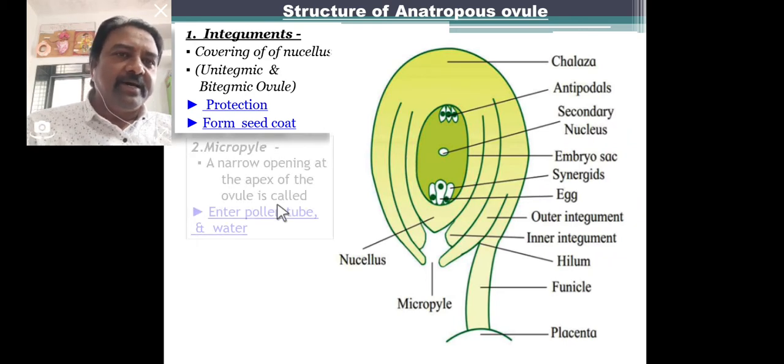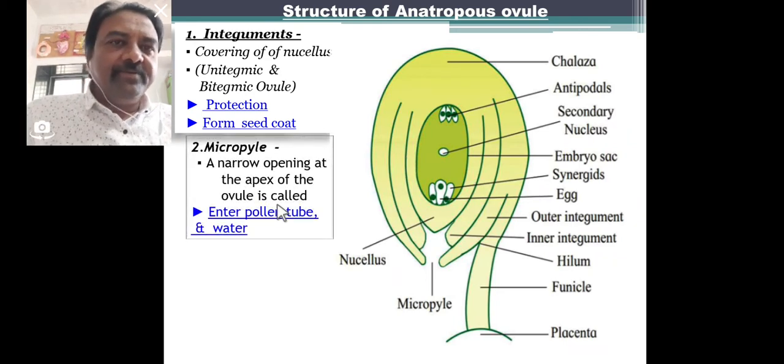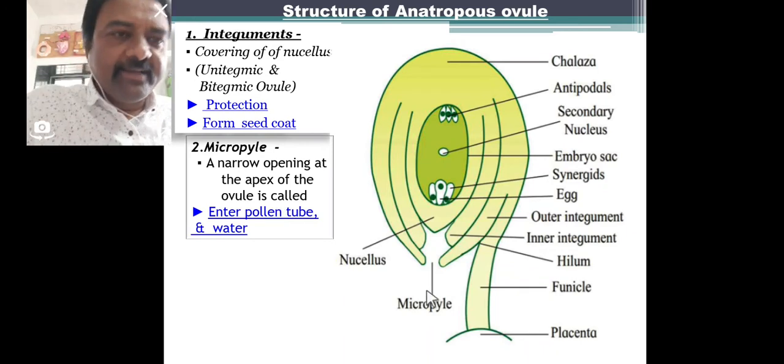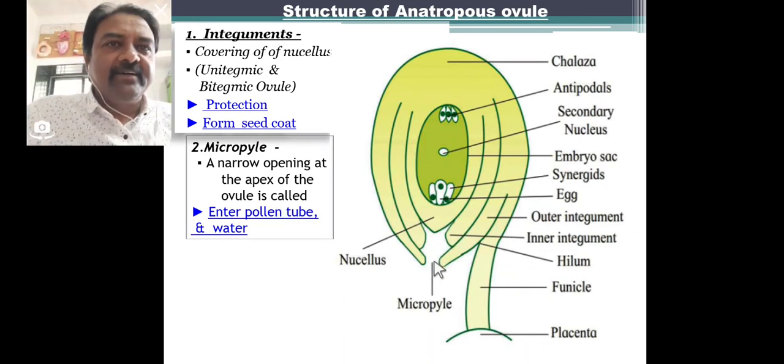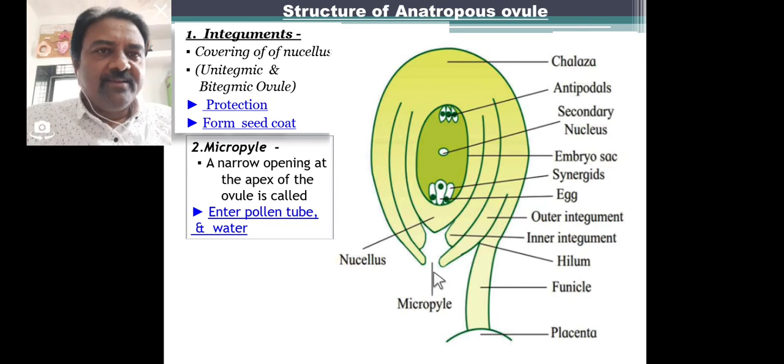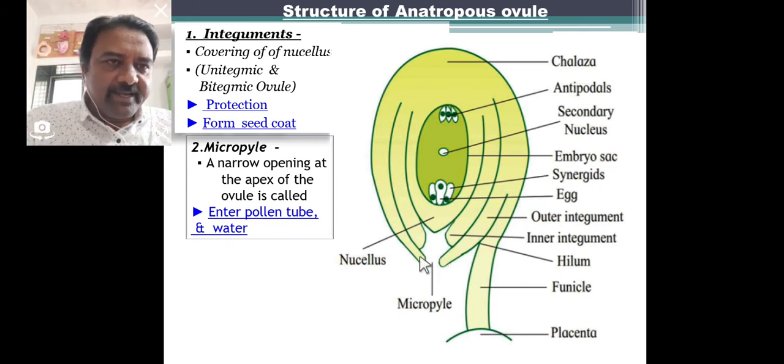Now the second part of the body is known as the micropyle. Here it is clearly seen that a small opening is known as the micropyle. This opening is very important for the fertilization process.